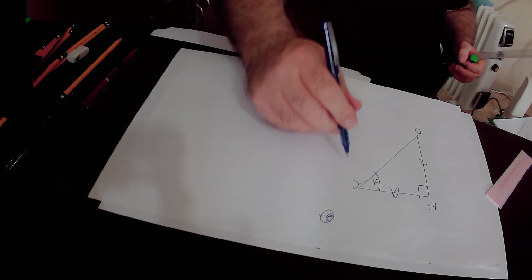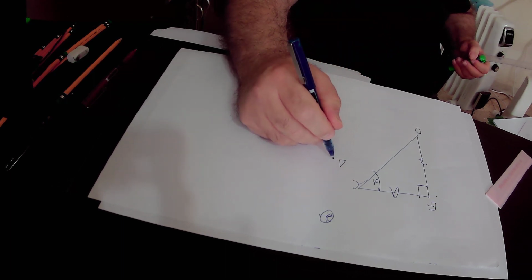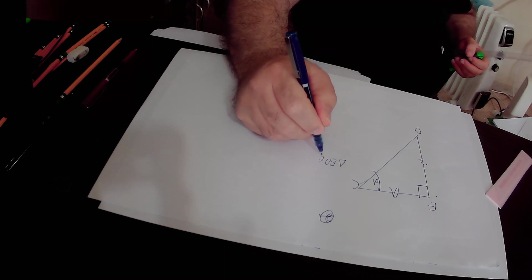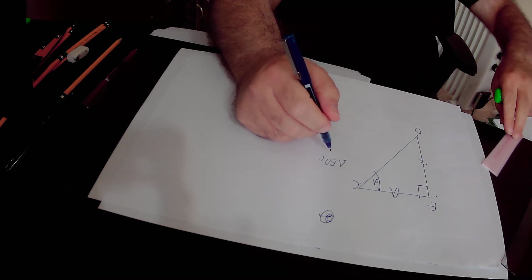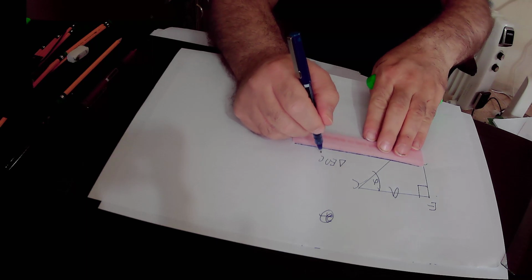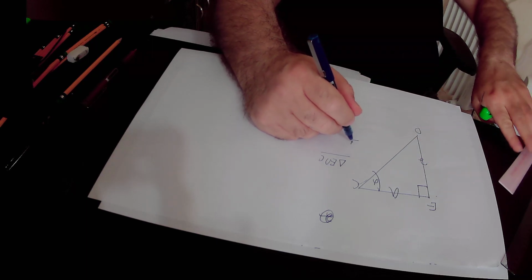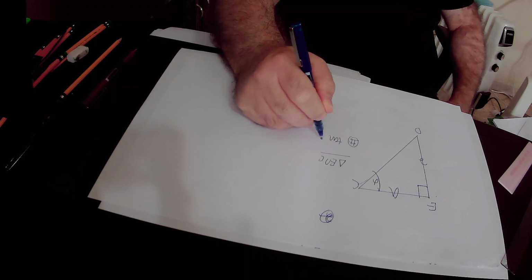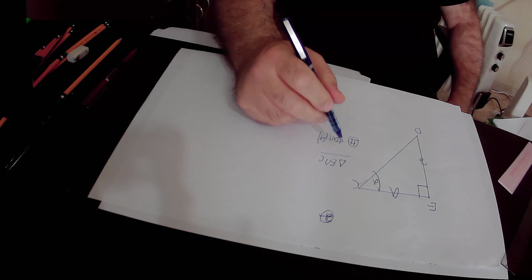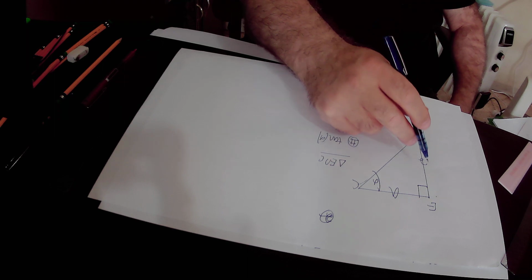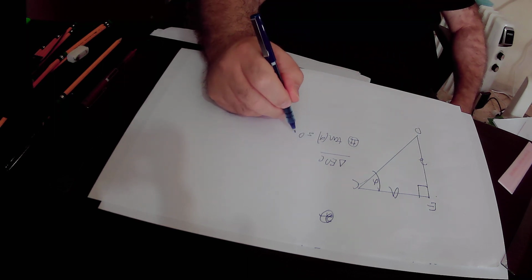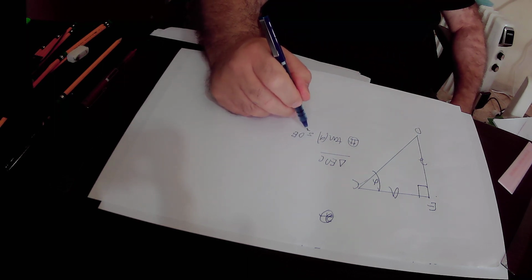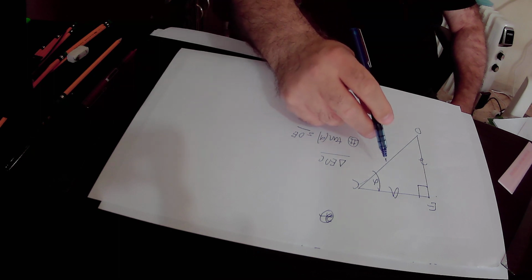Here, in the right triangle EDC, what is the value of tangent alpha? This will be equation number 2. Tangent alpha is equal to DE over EC.